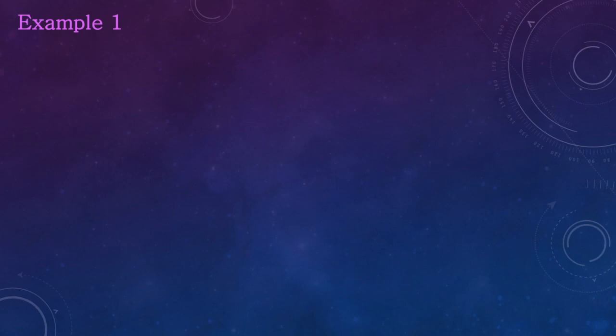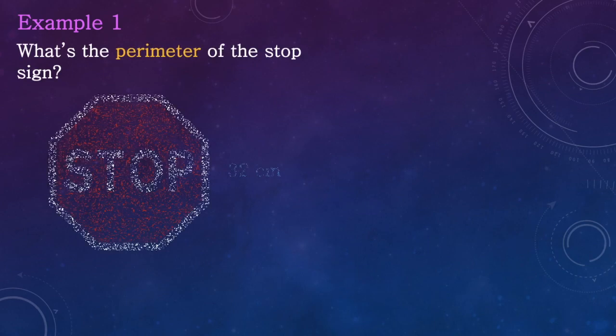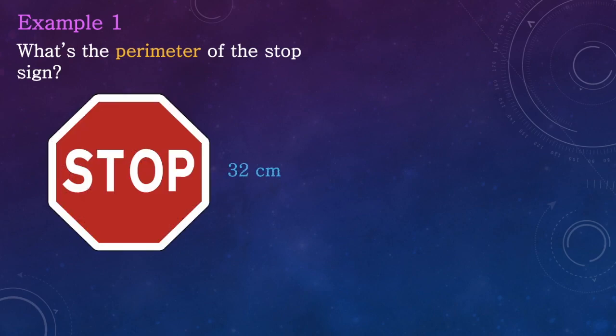Let's go into our first example here. So, what's the perimeter of the stop sign? So let's revisit that stop sign. Now, you might already know a stop sign is an octagon, and it is a regular octagon. And I'll just prove this to make sure by putting the line. So all the sides are equal to 32 centimeters.